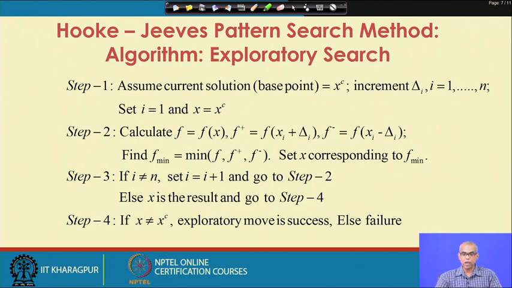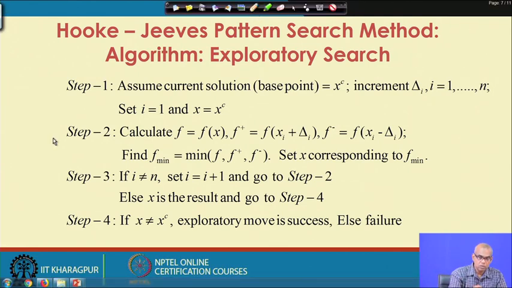That means, if you have 2 variables, we will define a step size for increment for both of these 2 variables. If you have n variables, we will define n increments. They may be all the same or different. Set the iteration counter I equal to 1 and x equal to the current solution or base point x c.